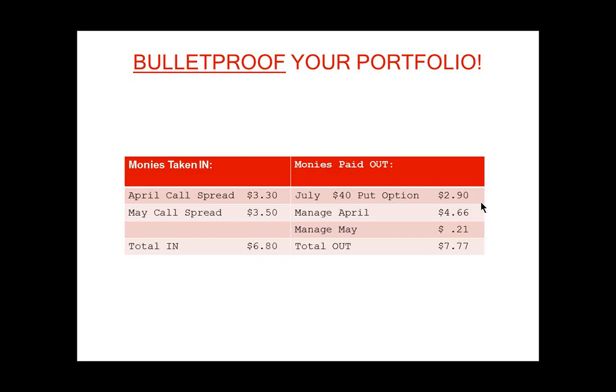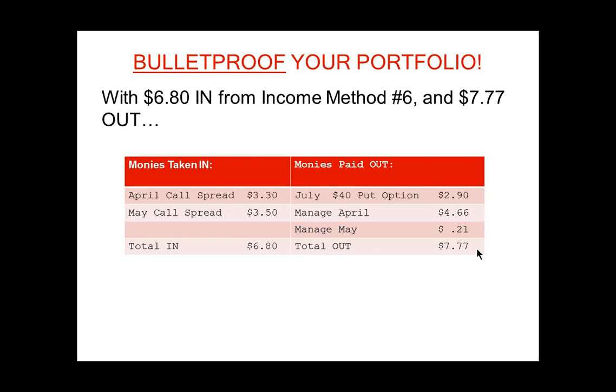Now, on the other side of the options, we have paid $2.90 for the July $40 put. We paid $4.66 to keep the stock in April, and paid 21 cents to keep it in May. So our total out is $7.77. So with a total in premium collected of $6.80 and total out of $7.77, here's what I still have. I still have the stock, right?